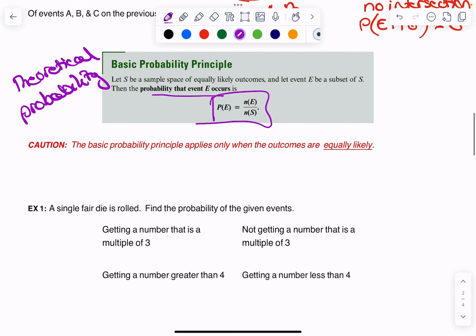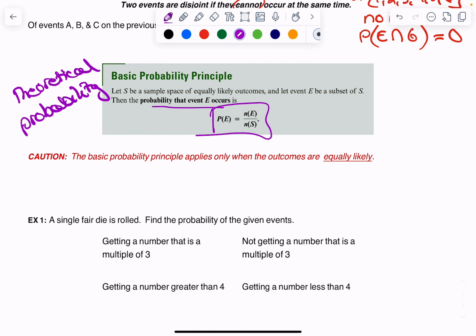So just a caution, the basic probability principle applies only when the outcomes are equally likely. So make sure that that's happening when you're doing the calculations.